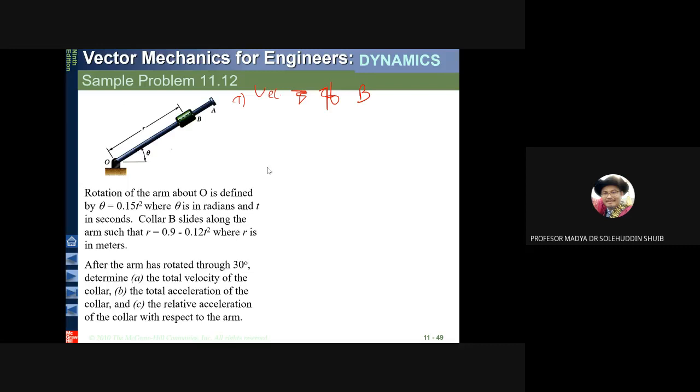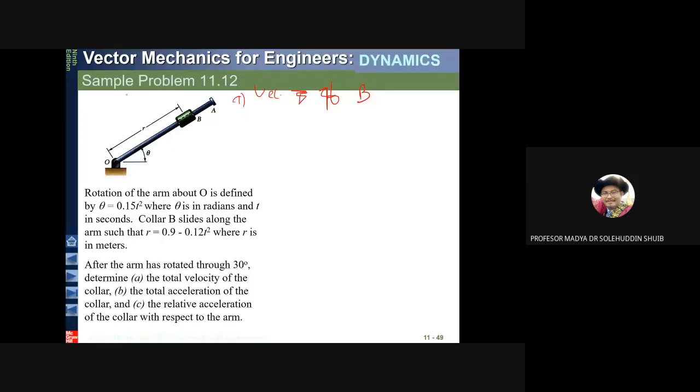Remember the equation that we have written earlier, that you wrote down in your formula sheet, which is the equation of radial and transverse components for the velocity and acceleration. Do you still remember?